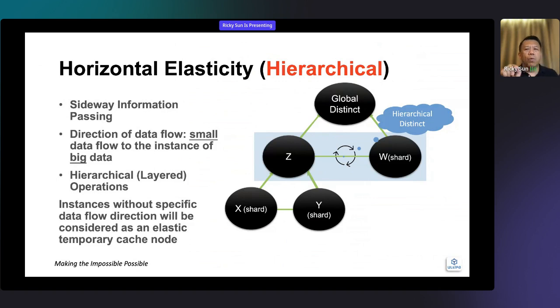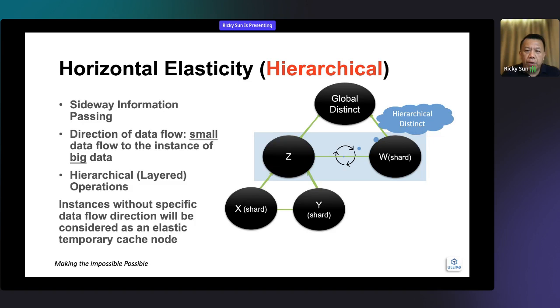So what's introduced here is a horizontal, called horizontal elasticity, but it's different from traditional database query optimization techniques that we are using. Not only horizontal elasticity, but also using hierarchical, right? So there are the key characteristics here, including sideway information passing.